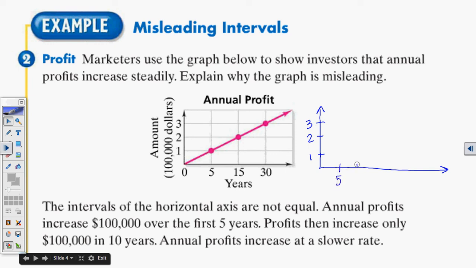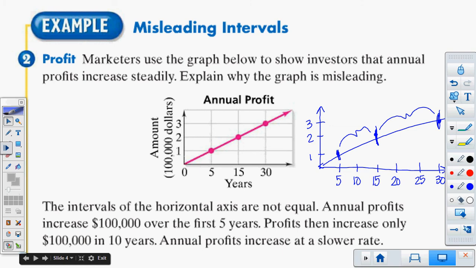Here I'm going to do 5, and then 10, 15, 20, 25, 30. 5 is 1, 15 is 2, 30 is 3. Now when I look at this graph, it shows me that from here to here is not nearly the same. It's slowing down. My money increase is slowing down. It's taking a lot longer to get a $100,000 increase.